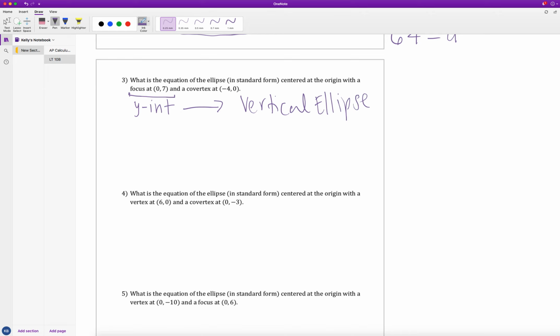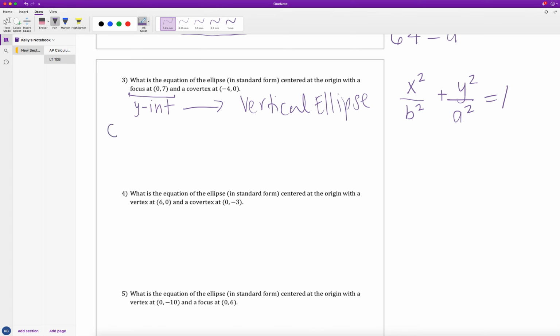The most important part of that being a vertical ellipse tells me that I'm looking at the equation x squared over b squared now, plus y squared over a squared equals 1. The reason they flip-flopped is that a squared has to go with the type of ellipse it is, and since it's vertical, the a squared has to go with the y value.